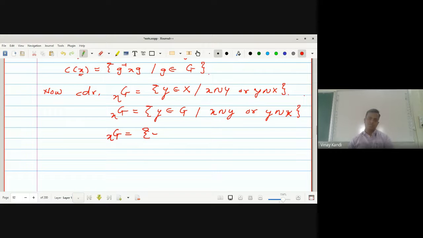XG is equal to the collection of those elements belonging to Y such that X is related to Y. That means X is equal to YG or Y is equal to XG. Either condition will work. So what is XG? Collection of those elements belonging to G such that how is Y into G defined? X kept as it is. Okay, this condition. Y is equal to, what is XG? How is X into G defined?